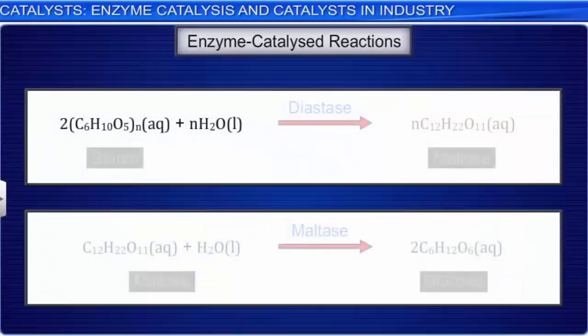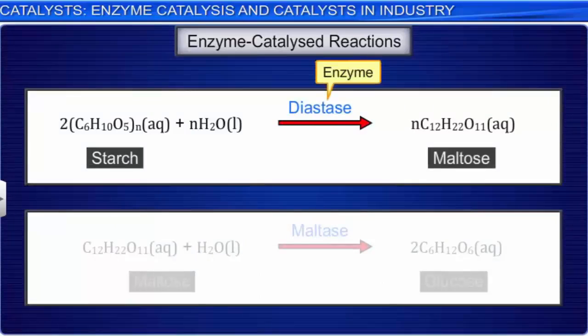Similarly, the conversion of starch into maltose is carried out with the enzyme diastase, which is extracted from malt. Another enzyme, maltase, converts maltose into glucose.